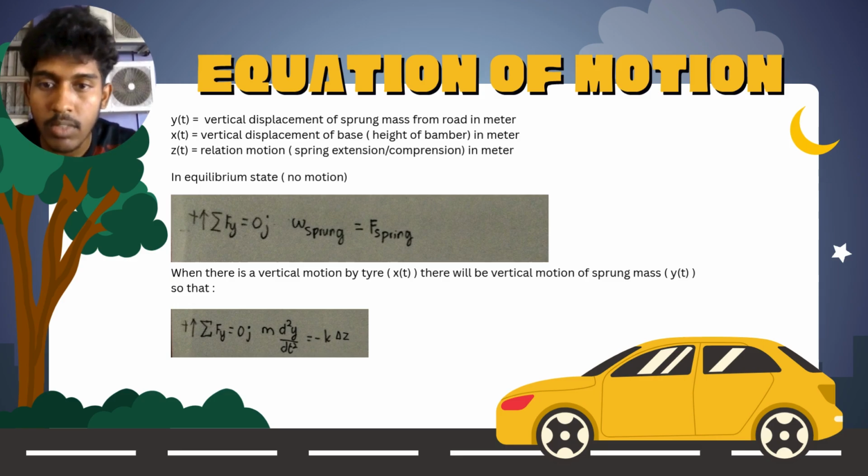And when it comes to the vertical motion by the tire, we have the equation of the mass times the second derivative of the displacement equals the negative stiffness constant of the spring times the compression of the spring.